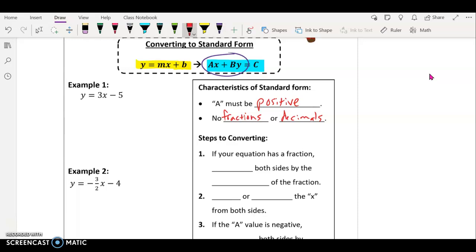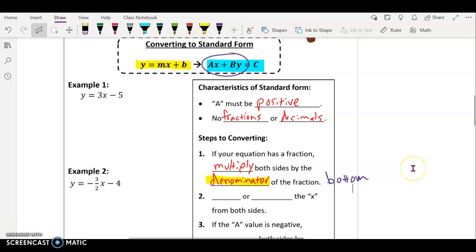If your equation has a fraction, we're going to multiply both sides by the denominator of the fraction. So if you don't remember what the word denominator means, the bottom of the fraction, okay? So we do not have to do that in our example 1. So we can skip that step. We don't have any fractions.